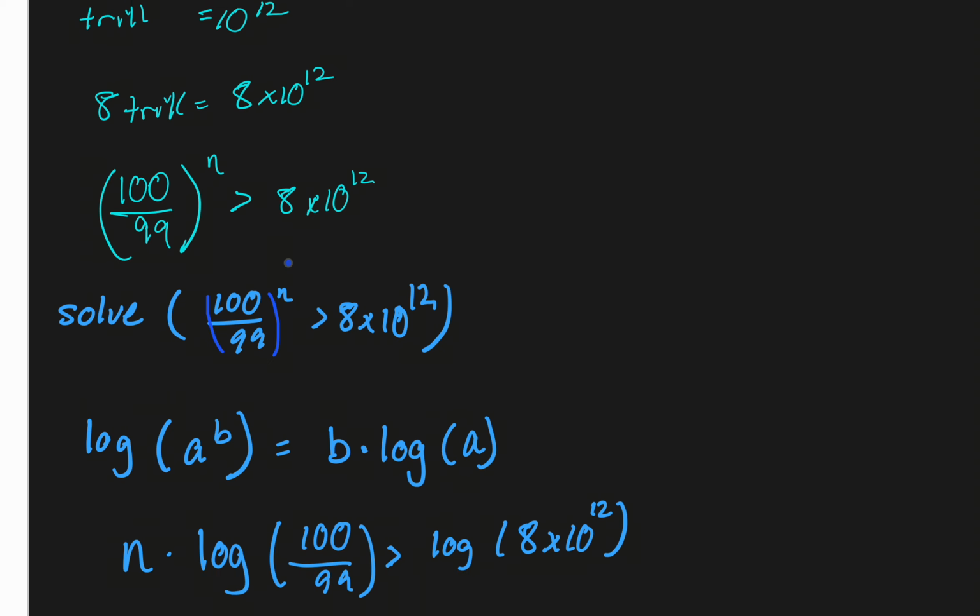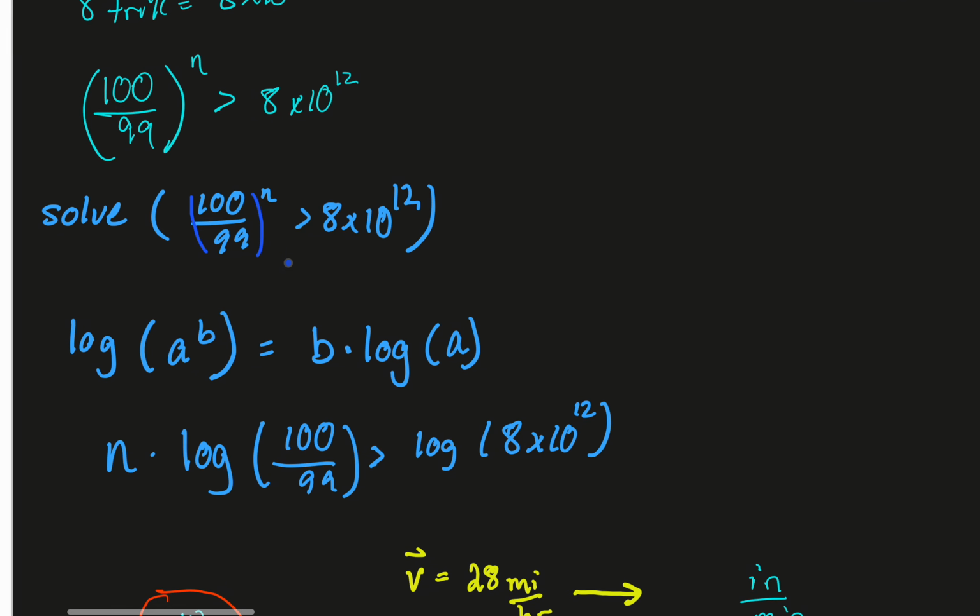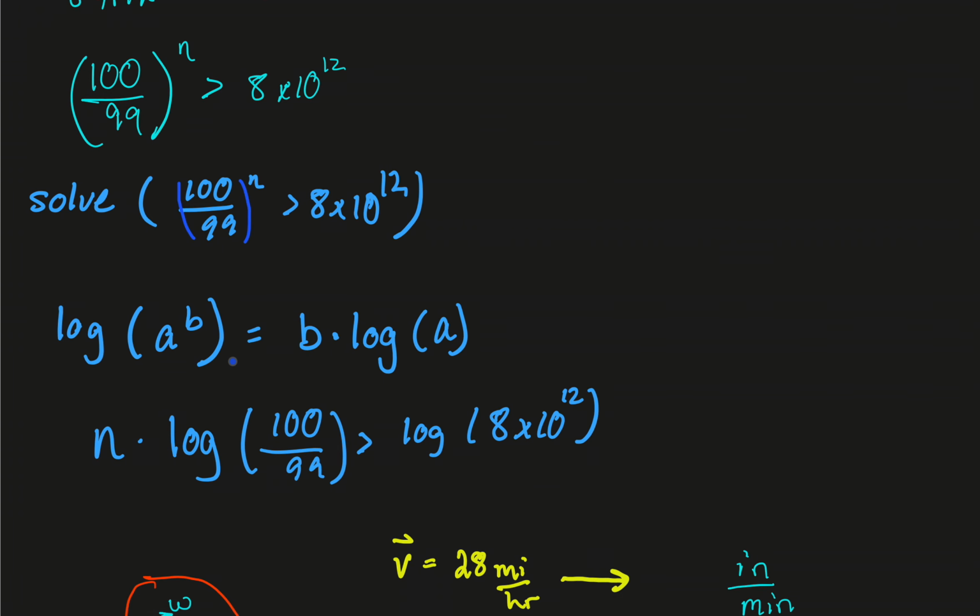Another important thing to learn, in my opinion, is that you could probably do this a little bit faster if you know about logarithms and you're fluent in it. Taking the logarithm of a base raised to some exponent is equal to the exponent times the logarithm of the base.